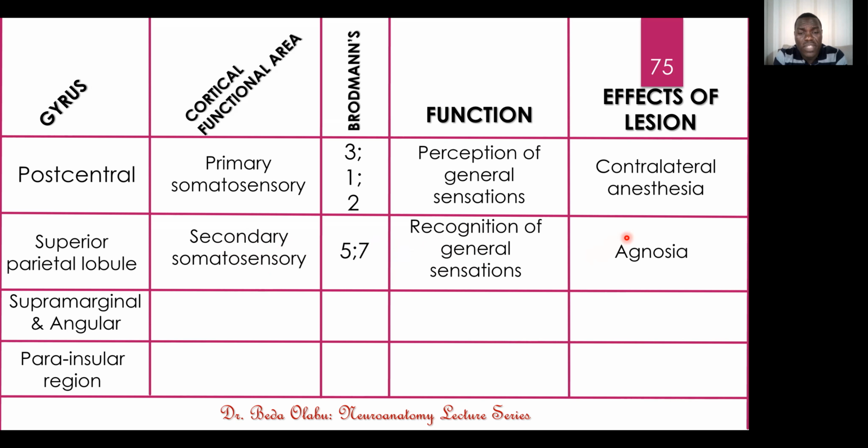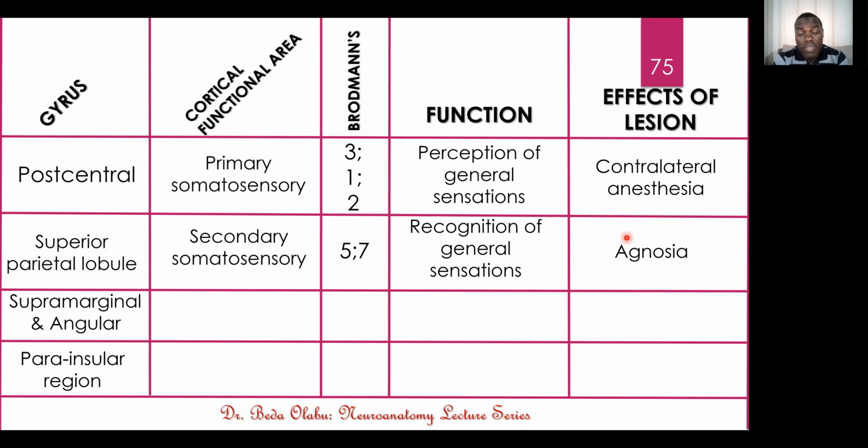For the secondary somatosensory cortex, it will depend on which hemisphere is actually affected. Generally, the dominant hemisphere tends to help us recognize sensations from the environment. So if I injure the secondary somatosensory cortex on the dominant hemisphere, then I'll not be able to recognize environmental sensations.